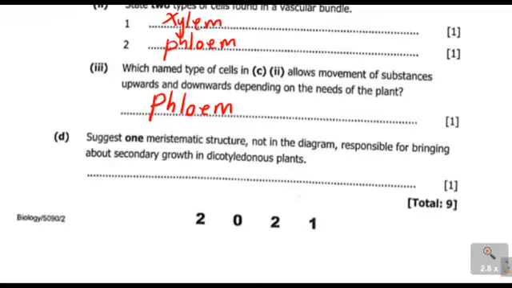So here we have said the answer is the cambium. Let me write it nicely here, cambium. This is the meristematic structure which is responsible for bringing about secondary growth.